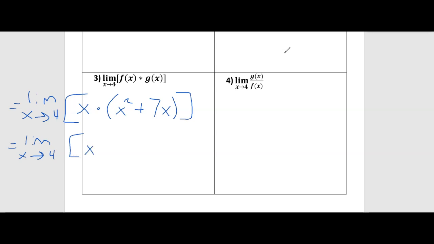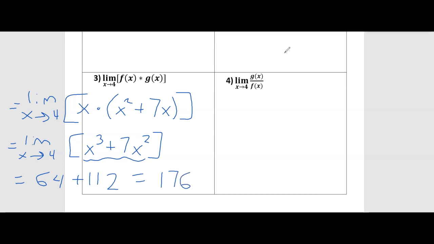I'm going to get x cubed plus 7x squared. Again, this function right here is going to be continuous at x equals 4, so we can just apply some direct substitution. 4 cubed is going to be 64. 4 squared is 16 times 7, which is 112, I believe, which is going to give us 176.